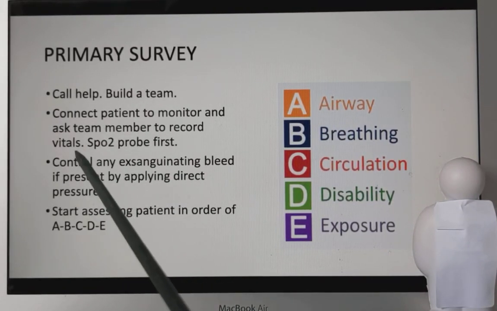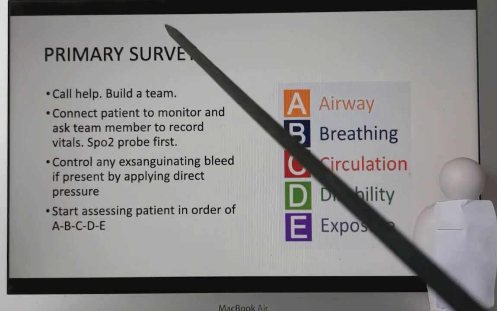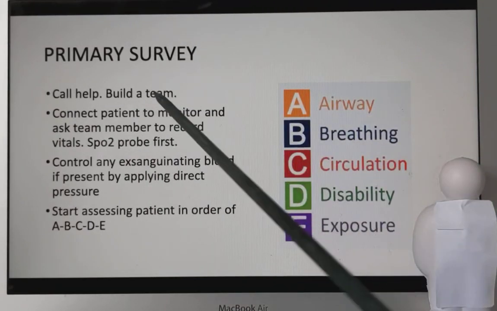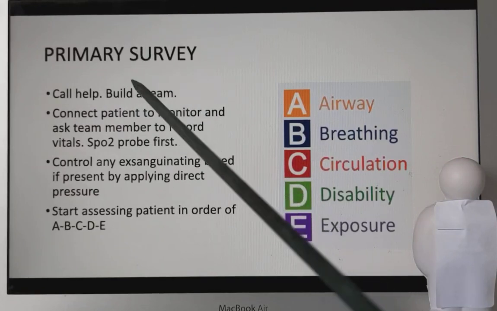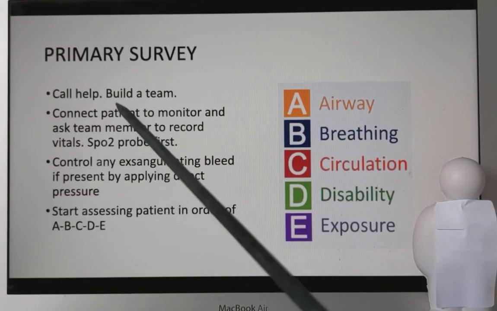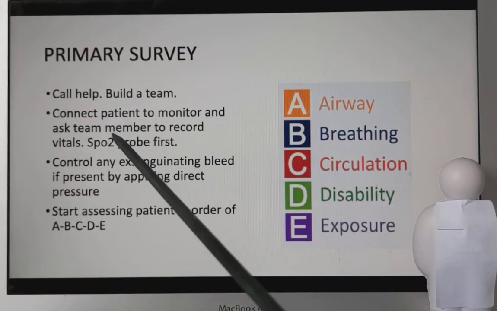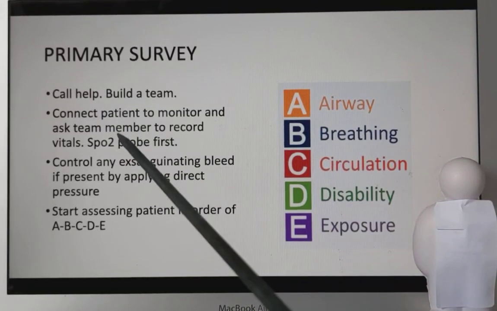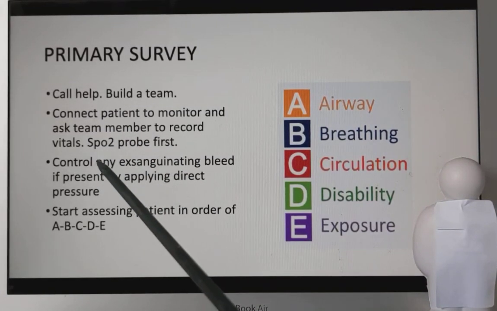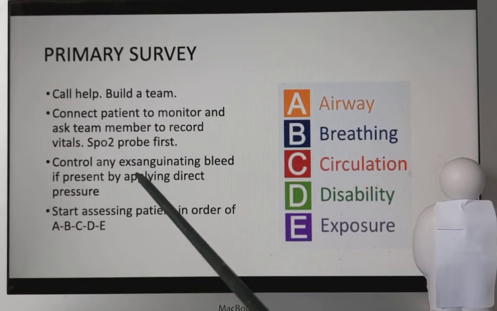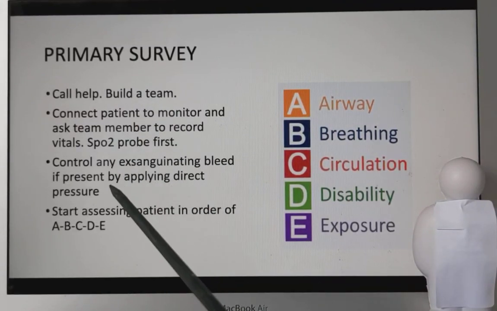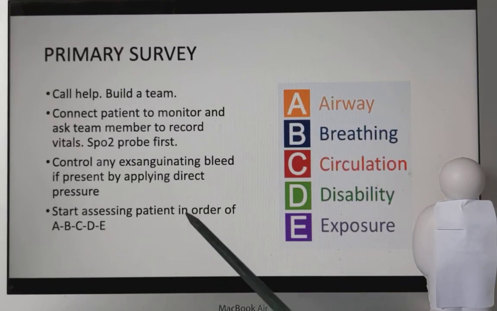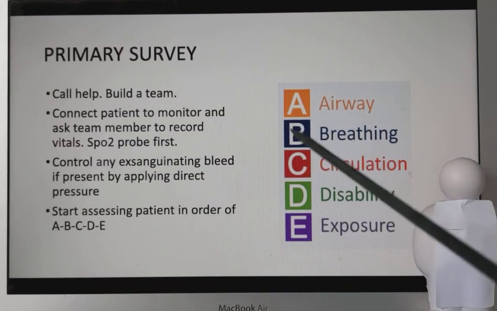If a person is looking pale, or is unconscious, or is having difficulty breathing, the oxygen levels should be assessed. It is quite easy to attach, so this should be attached first, and then you control any exsanguinating bleed if present, by applying direct pressure. So these are your immediate priorities, and then you start assessing the patient in order of A, B, C, D, which we have mentioned here.